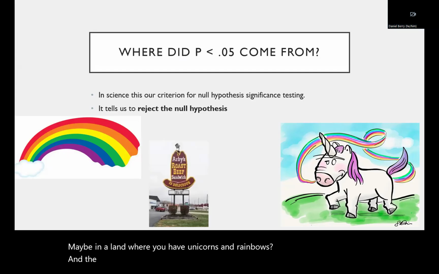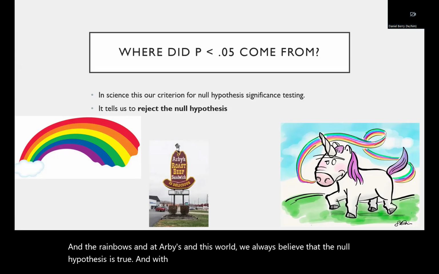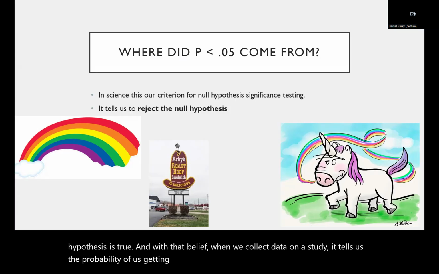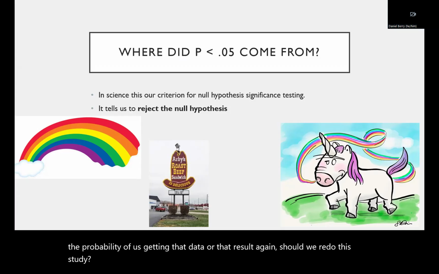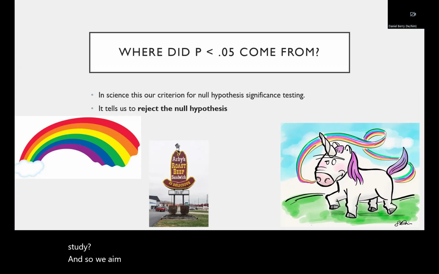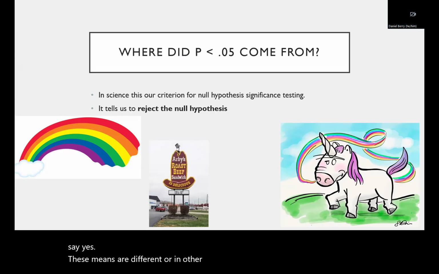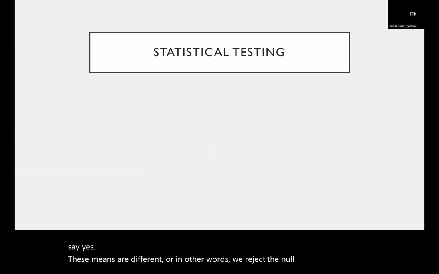In this world, we always believe that the null hypothesis is true. And with that belief, when we collect data on a study, it tells us the probability of us getting that data or that result again, should we redo the study. And so we aim for studies to have really low probabilities of their data, so we can say, yes, these means are different. Or in other words, we reject the null hypothesis.